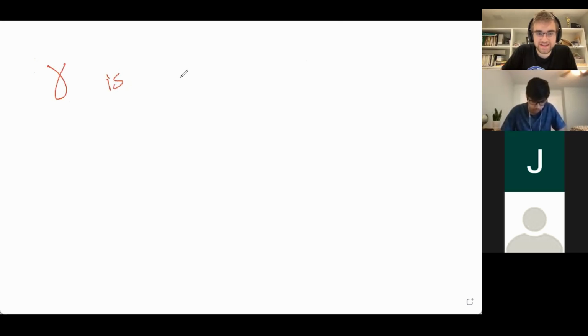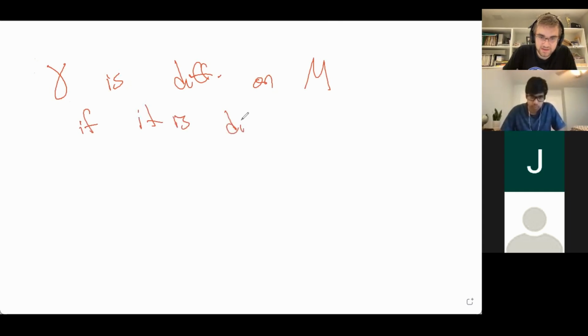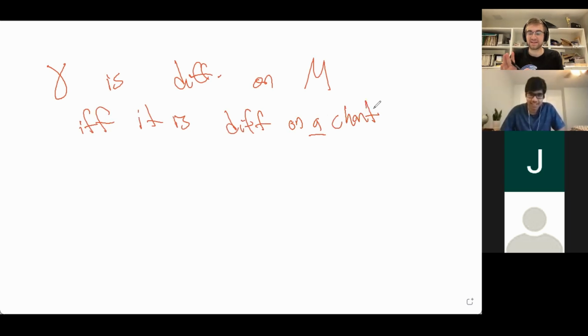A curve is differentiable on a manifold M if, maybe this should be an iff, because I think that's the double implication arrow, if it is differentiable on a chart. Okay, I want to be very clear. What I've written down is ill-defined.